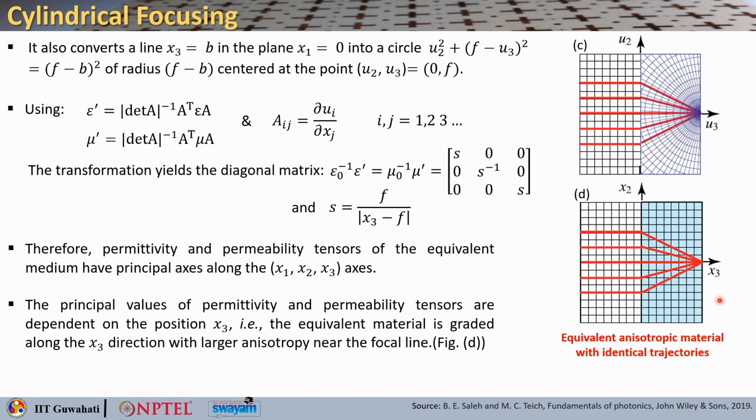So this is how the equivalent anisotropic material that can do cylindrical focusing, but back in the original coordinate system, can be designed. It is a little mathematically intensive. I am just telling you that with this kind of transformational optics, or coordinate transformation, you can achieve this kind of extraordinary manipulation of electromagnetic wave behavior or trajectories.